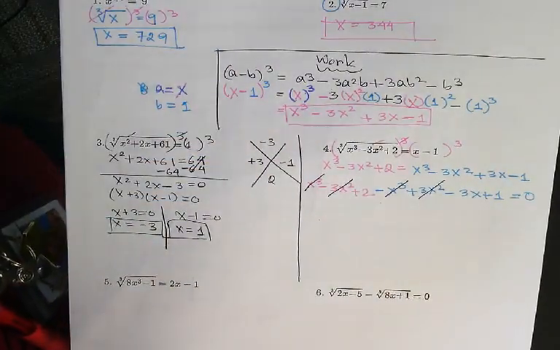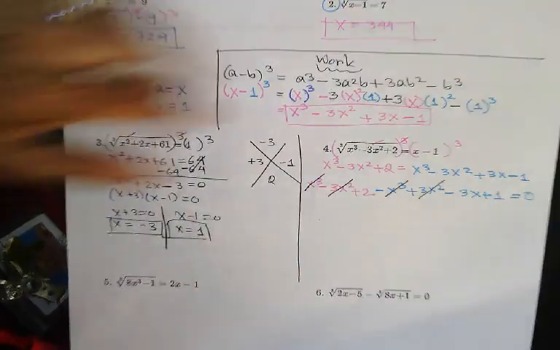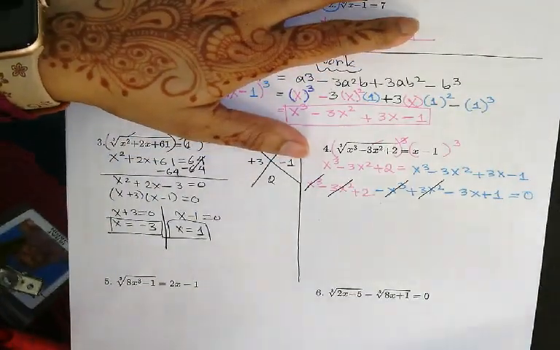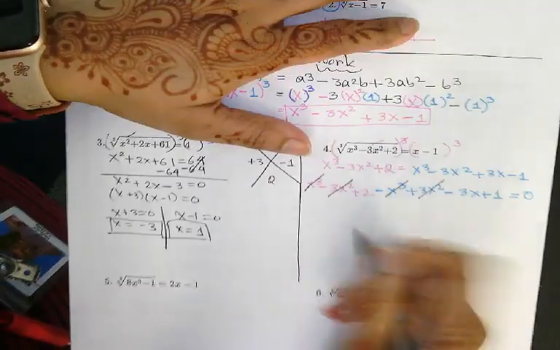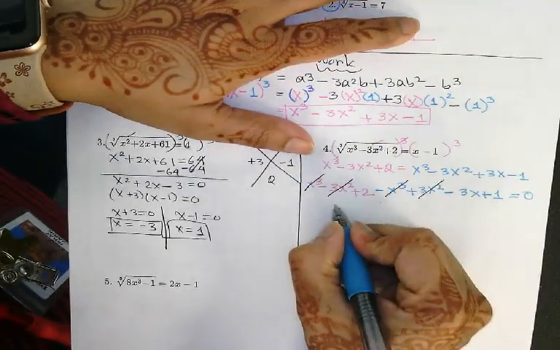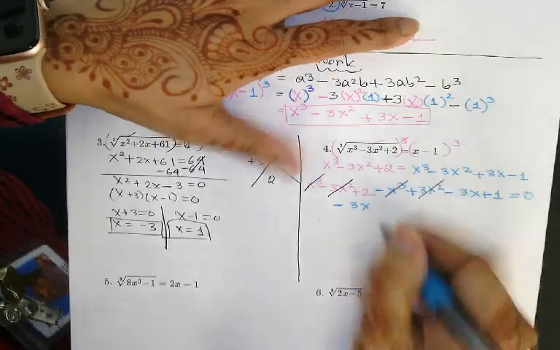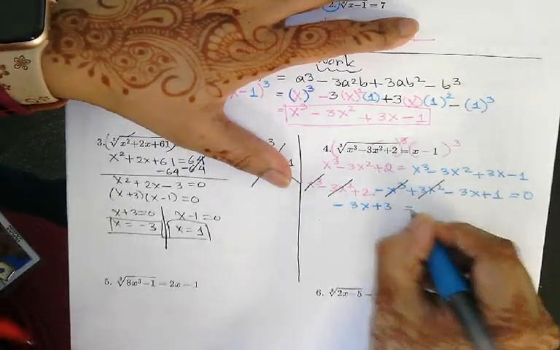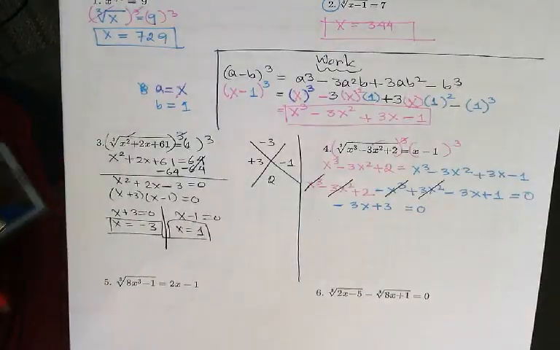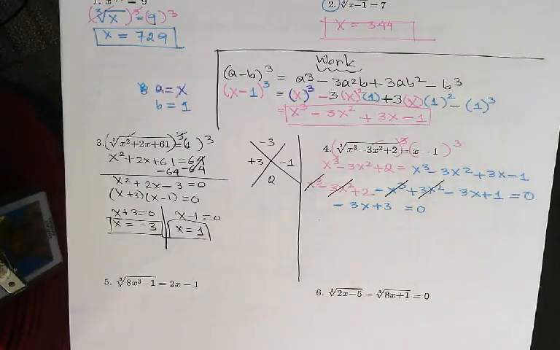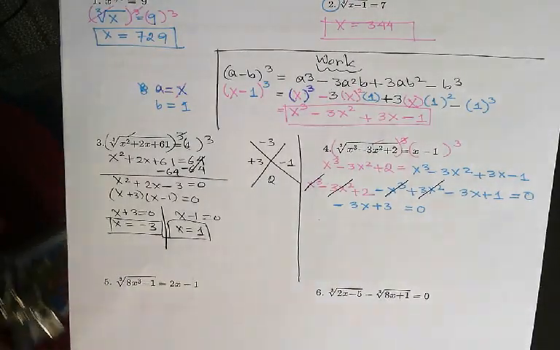Anything else? We can combine them, of course. So over here I have negative 3x and plus 2 and plus 1. Plus and plus makes it a plus. We're going to make it a plus 3 equal to 0. Clean, right? We reduced everything.